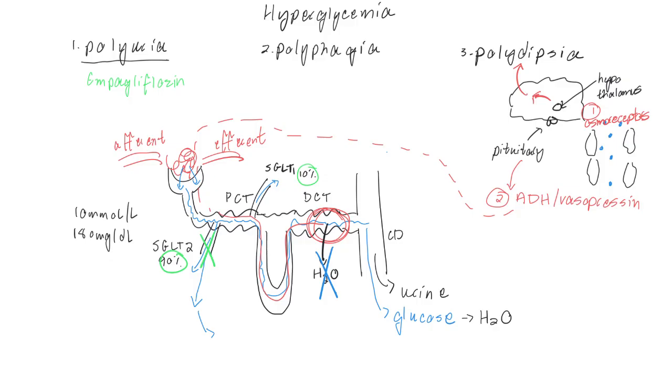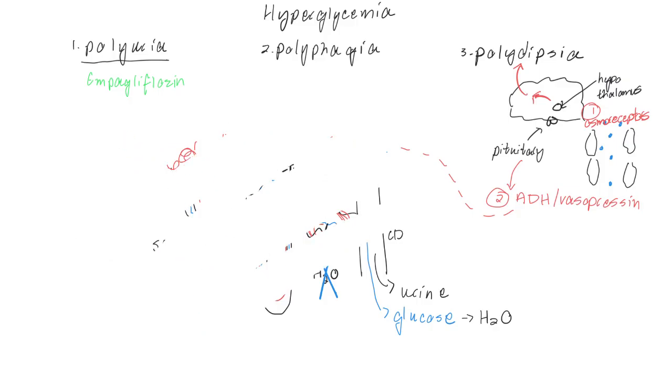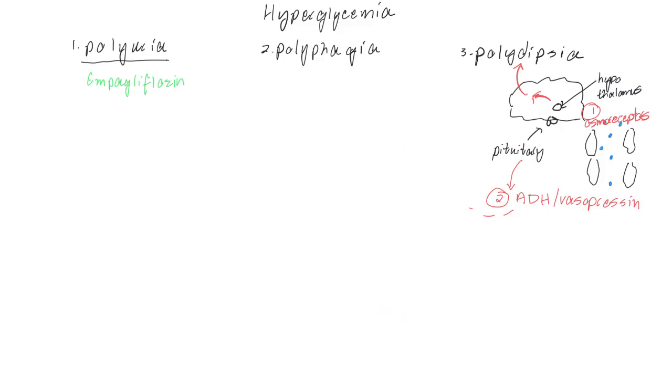Now I'm going to erase our nephron here so that I can explain polyphagia, which is being extremely hungry. So for most people, the majority of people, the energy source of their cells is glucose. So here we have a cell, and it's surrounded by glucose.